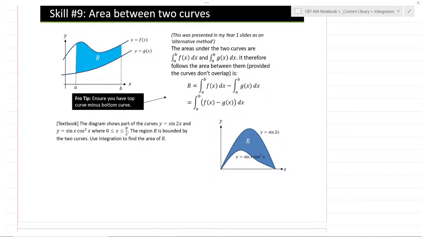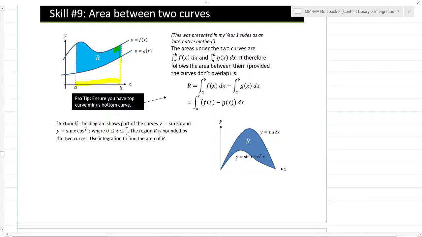Looking at the one at the top, if my f of x is that top function, and by top function I mean higher than the function below it, literally higher, the y values are all higher, then I need to do f of x. So if I find the integral of f of x, it's going to be this area here.